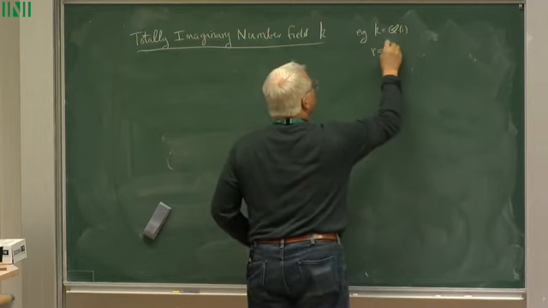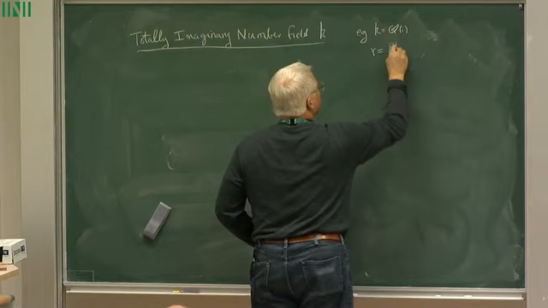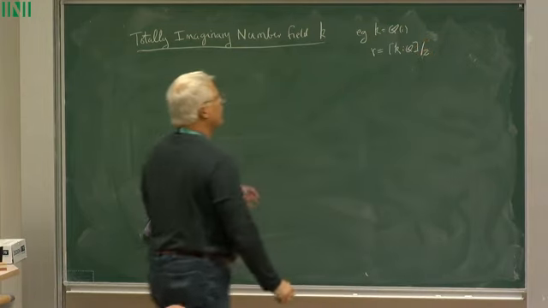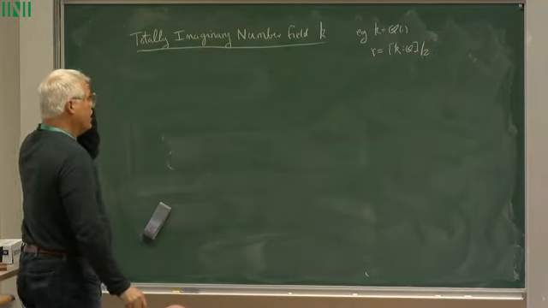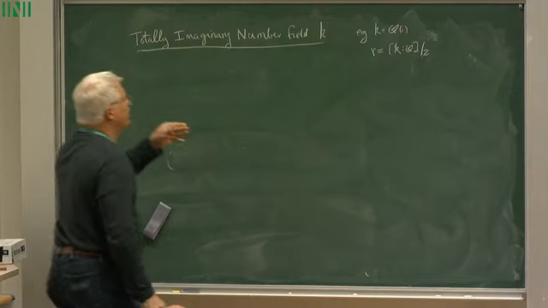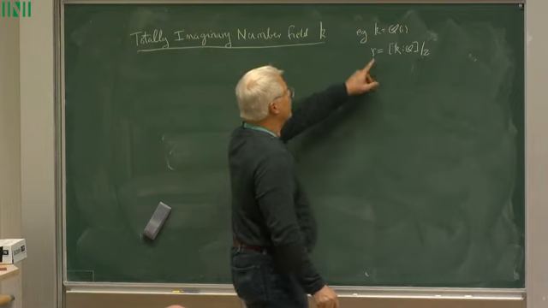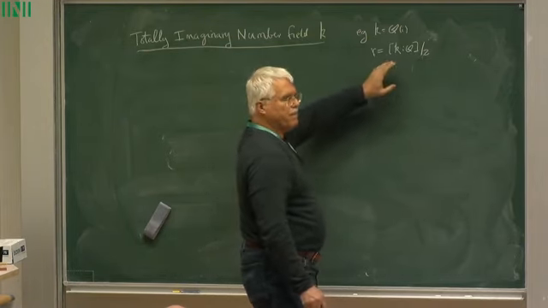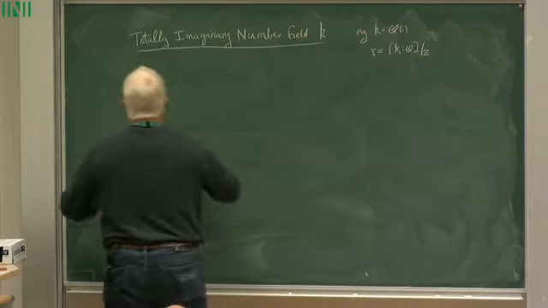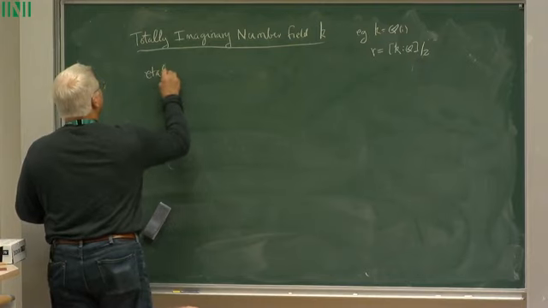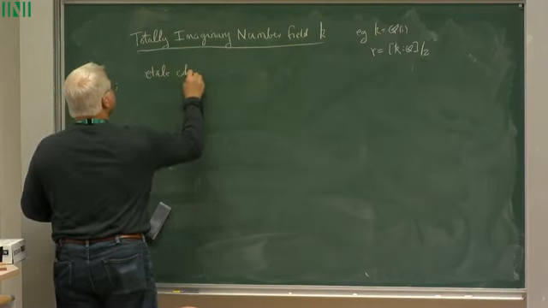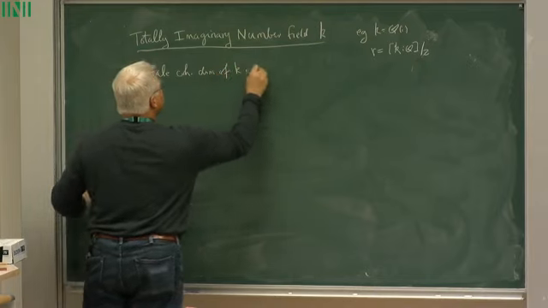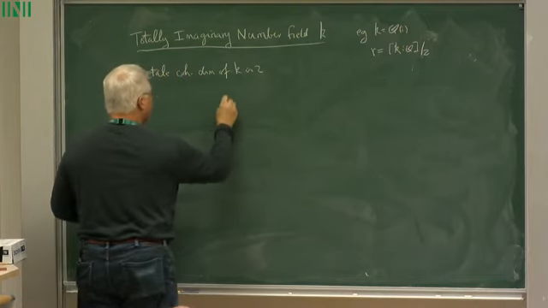Anyway, I want to let r be the degree of K over Q divided by 2. If I didn't have a totally imaginary number field, then the degree of the extension would be r1 plus 2 times r2. And I'm simplifying things. So the étale cohomological dimension of K is 2.